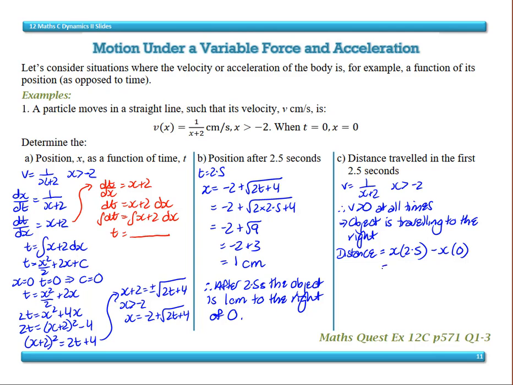Okay, at 2.5 it was 1, and at 0 it's going to be negative 2 plus the square root of 0 plus 4, which is 1 minus negative 2 plus the square root of 4, which is 1 minus negative 2 plus 2 is 0, so it's just 1. Okay, so therefore the object travels 1 centimeter in the first 2.5 seconds.